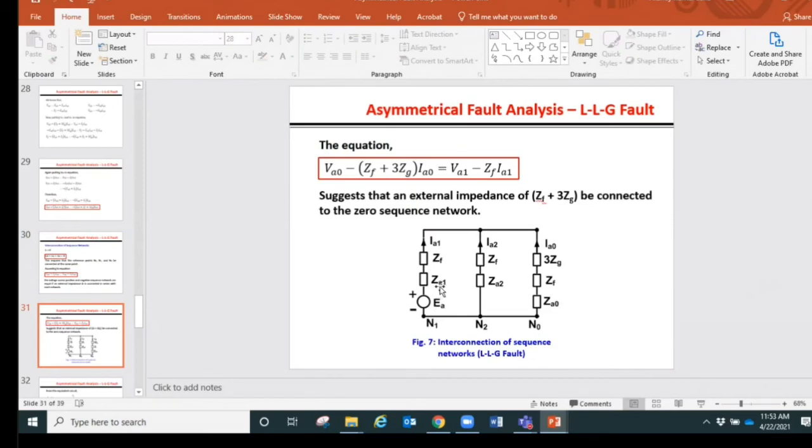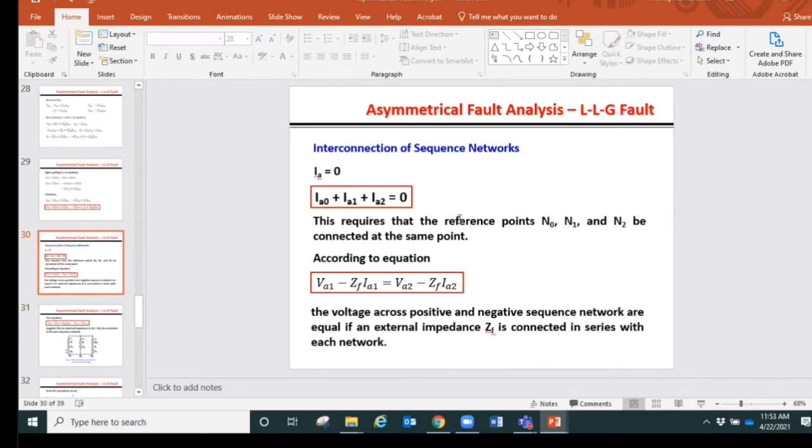IA1, Z1, this part is the positive sequence network, this part is the negative sequence network, this part is the zero sequence network, and IA1 plus IA2 plus IA0 all come to this common point, or this bus, which satisfies this condition.